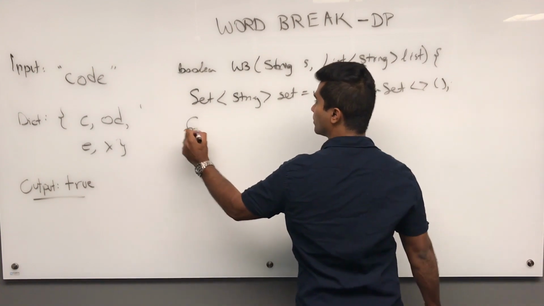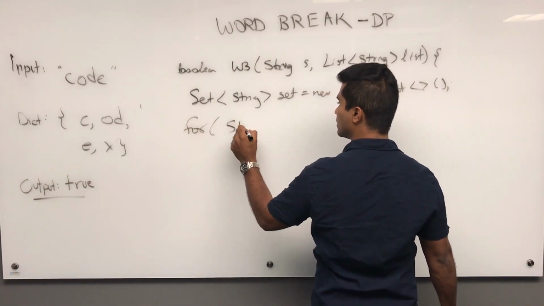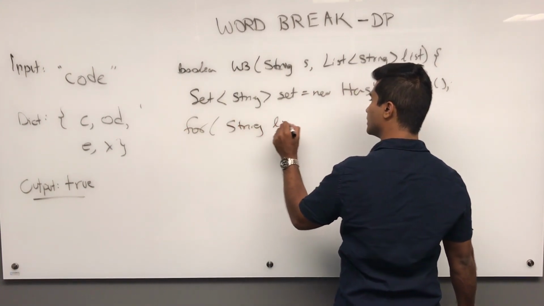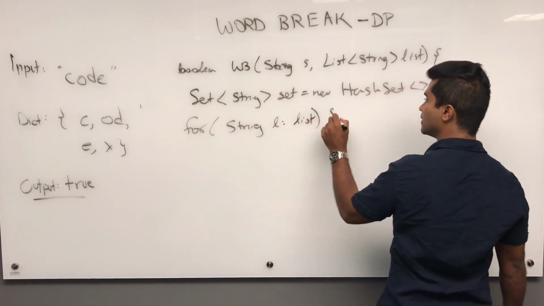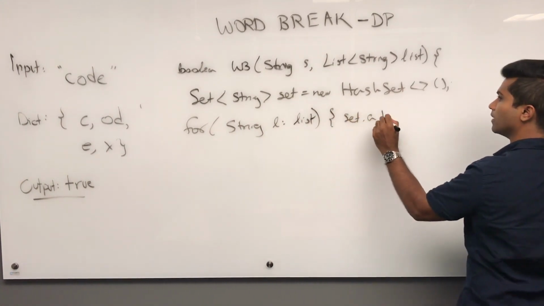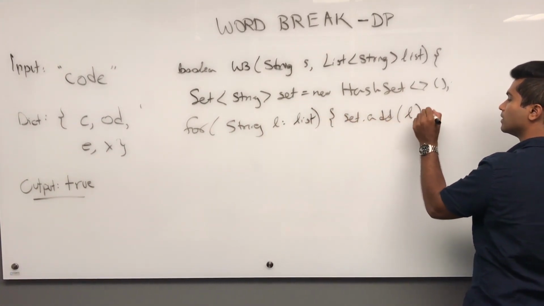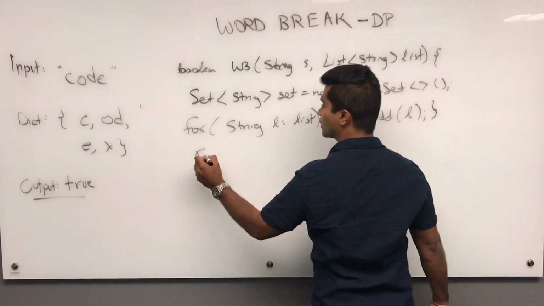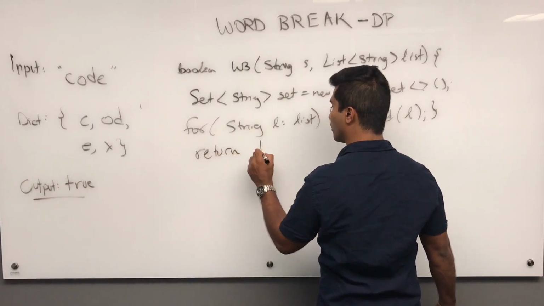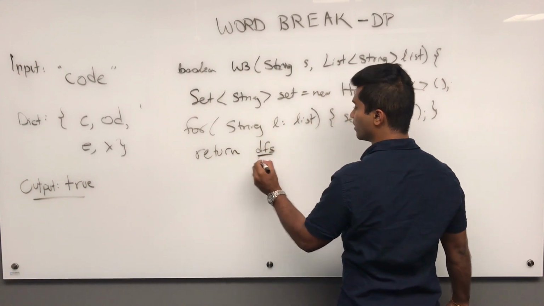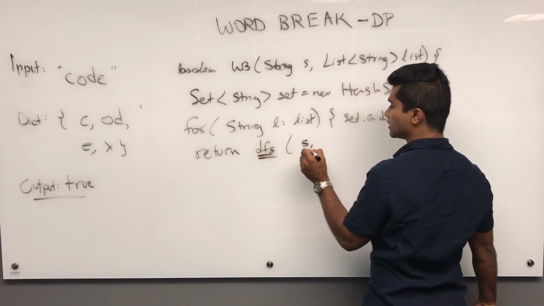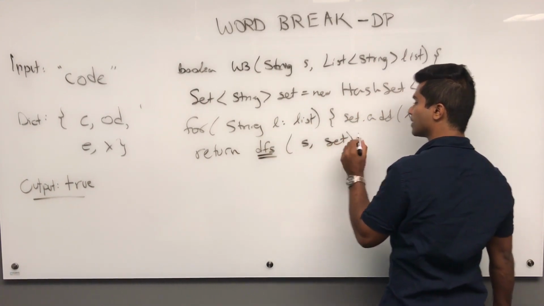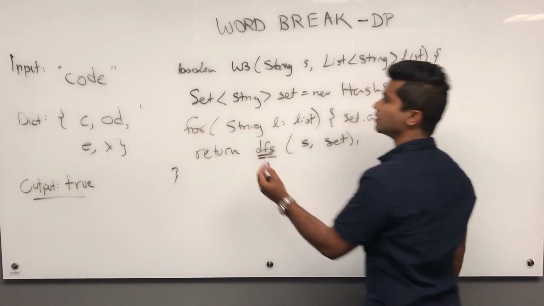Then we populate our set, for string L in list, set.add(L), and then we recursively call a helper function. I call it DFS, pass in the string s and the set. So the core logic is going to be in this helper method.